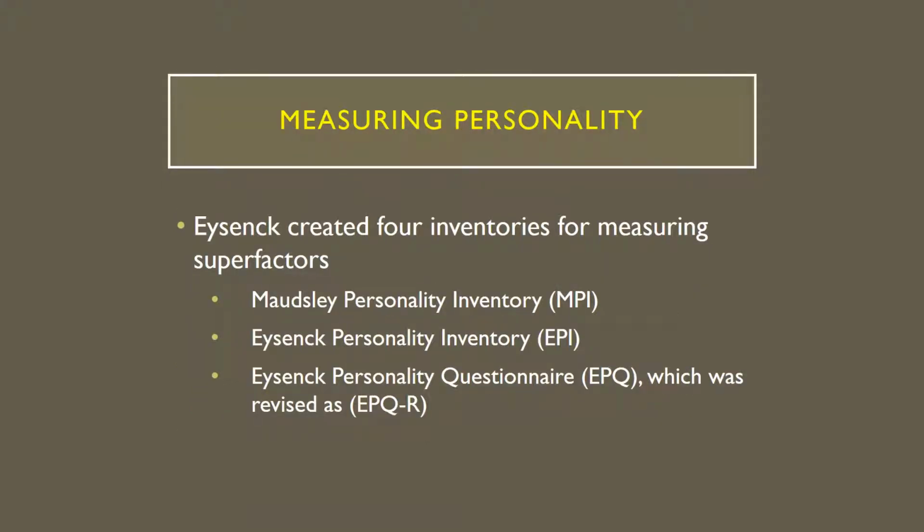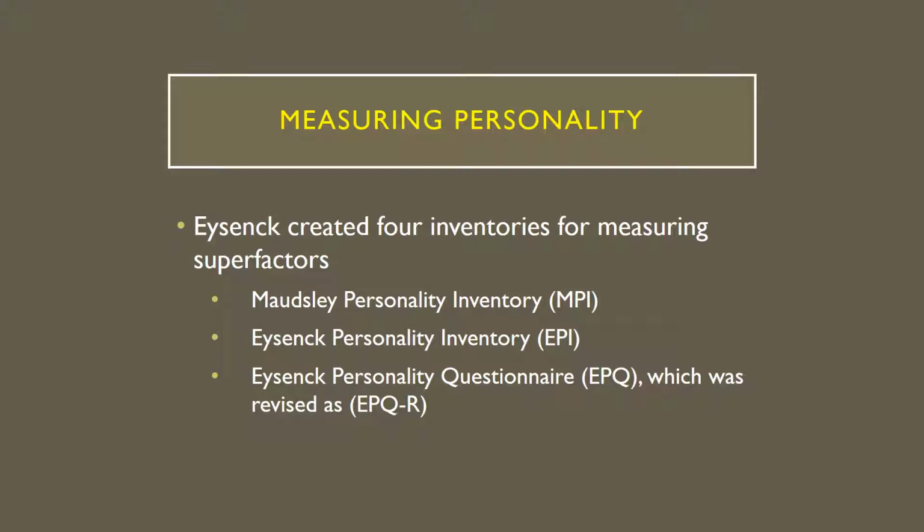Eysenck evolved 4 personality inventories that measure his superfactors. The first, the Maudsley Personality Inventory, or MPI, assessed only E and N and yielded some correlation between these two factors. For this reason, Eysenck developed another test, the Eysenck Personality Inventory, or EPI.